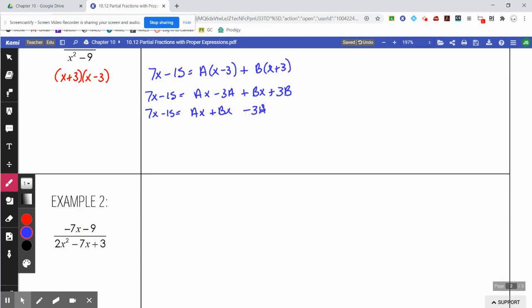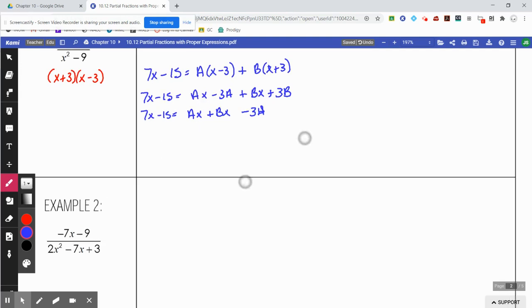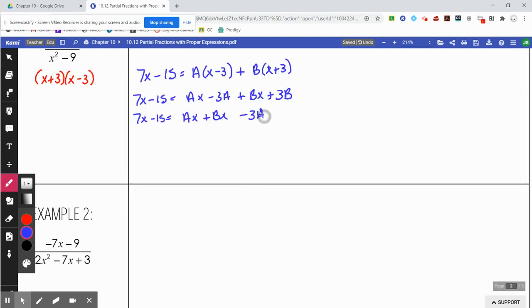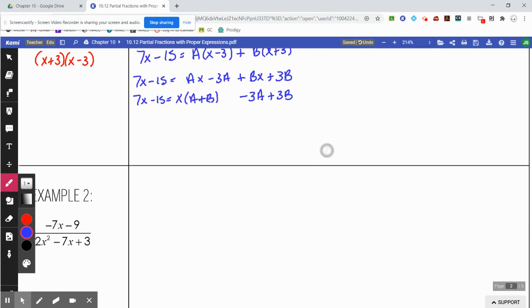Let me try that again. That looked pretty sloppy. Minus 3A plus 3B. Factor out the x stuff here, and I'm just going to write this. When you factor out x here, that's going to be x times A plus B instead of rewriting the whole thing.